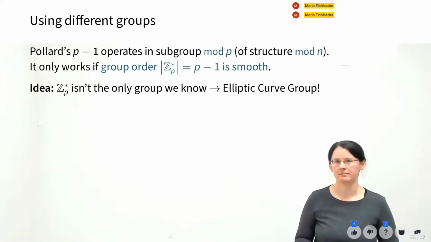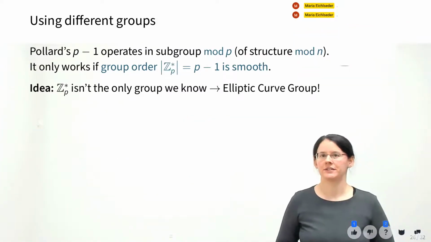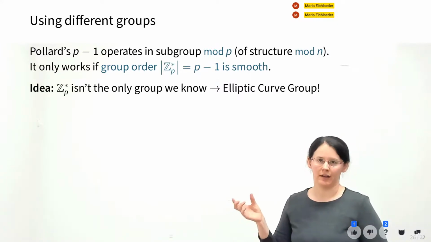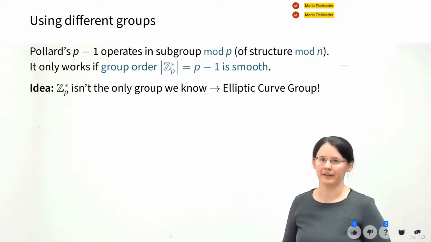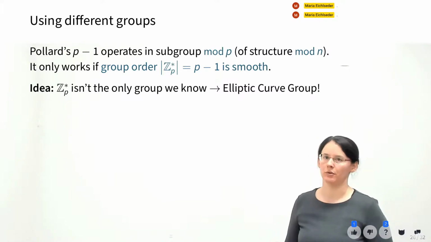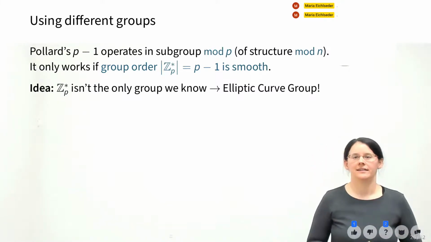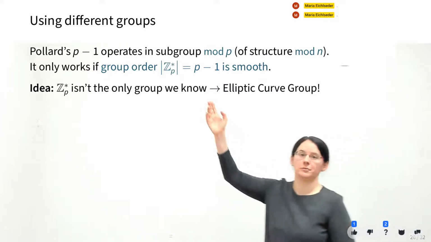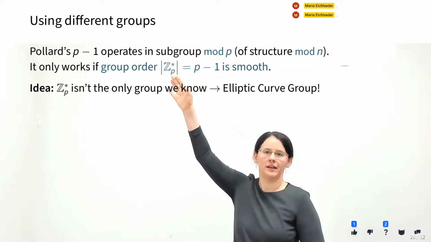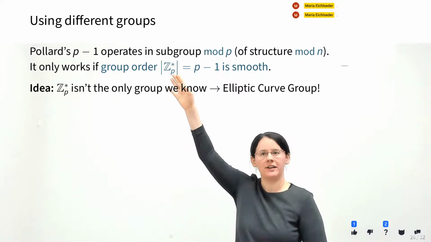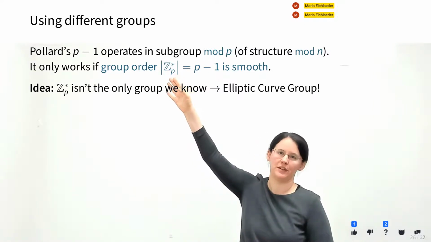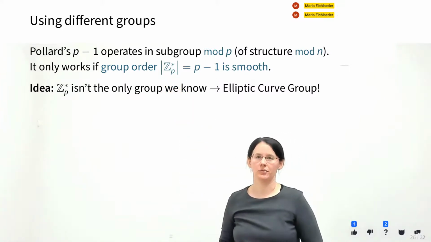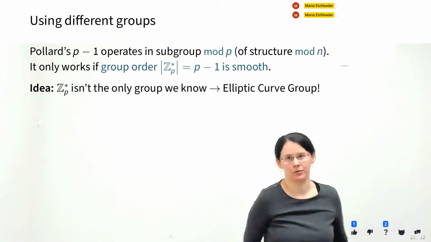So it only works efficiently if the group order modulo the unknown prime p is smooth, has only small prime factors. And the big trick that we can use here is that this is actually, as we saw today, not the only way how we can generate a group by doing some computations modulo n or p or q. We do know another group, and that is the elliptic curve group.